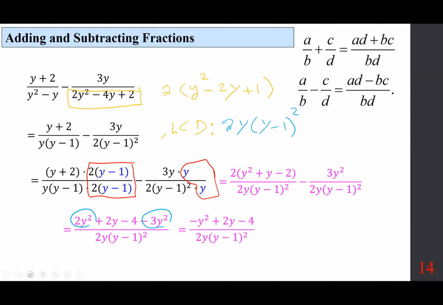By the way, you can always take the negative out, because if you wanted to factor, if it's possible to factor it, and observe whether you can do it or not, okay?